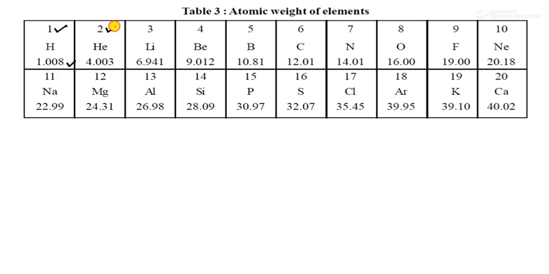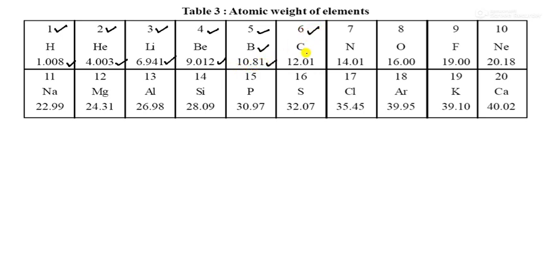Helium atomic number is 2 and atomic mass is 4.003. Lithium atomic number is 3 and the atomic mass is 6.941. So you can write and learn. Beryllium atomic number is 4 and the mass is 9.012, and boron has atomic number 5 and the mass is 10.81.